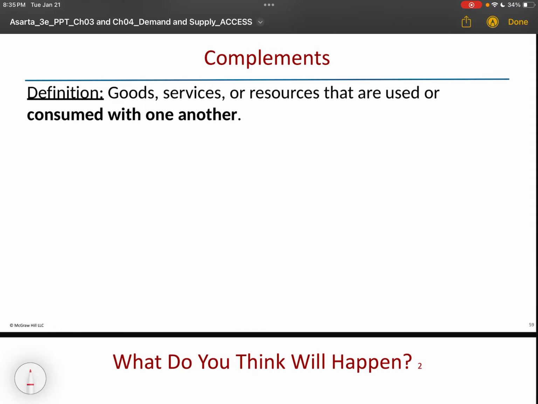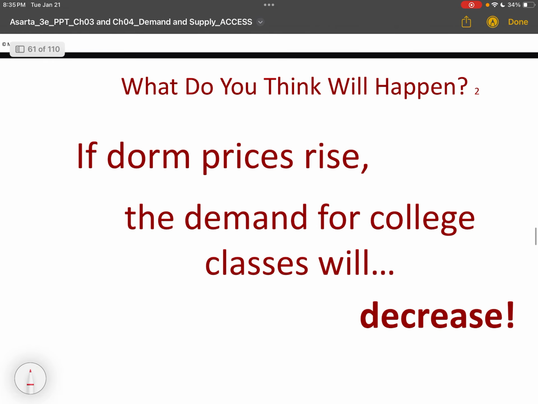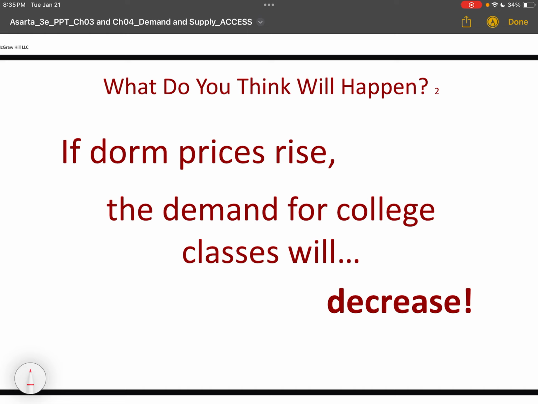Complement goods are consumed together or consumed with one another. An example will be, well, demand for college classes and demand for dorms. So if dorm prices go up, then the demand for classes will fall, because dorms and college classes are consumed typically together.